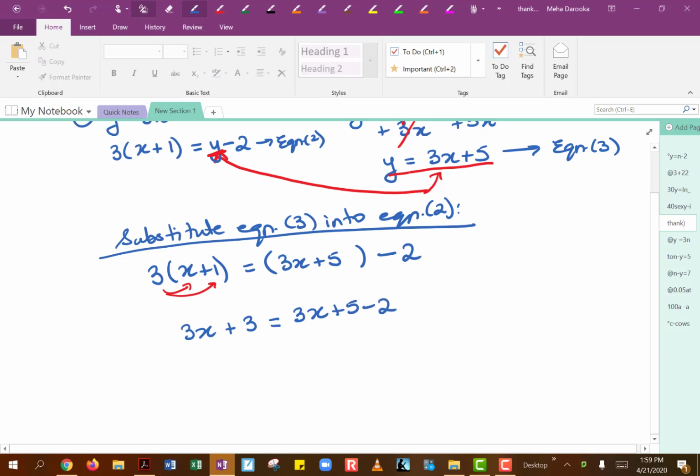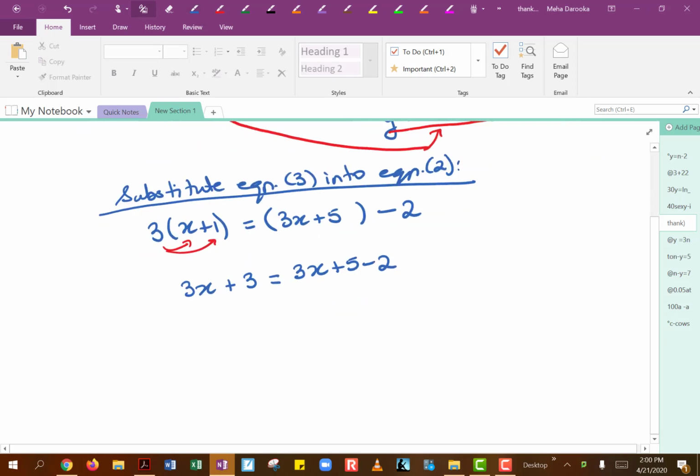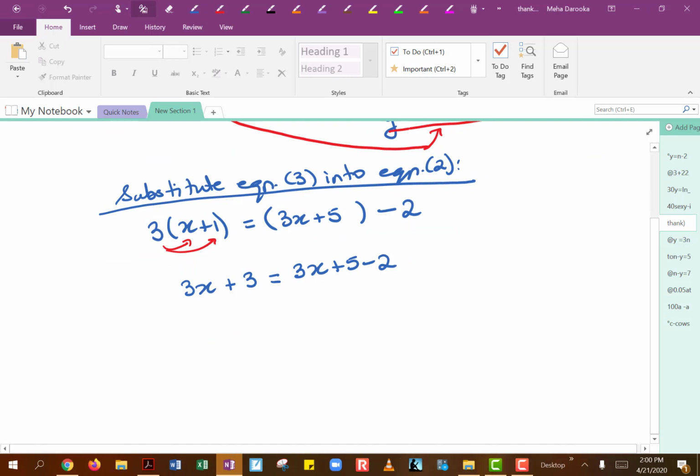So if we try to get our 3x on the same side, we can go ahead and subtract 3x. So they will actually cancel out, and they actually cancel out on the right also. You get 3x minus 3x. If you go ahead and combine these two terms, you will end up getting positive 3.